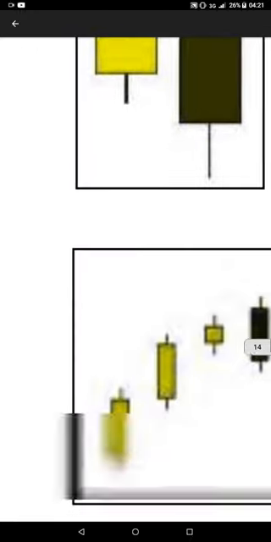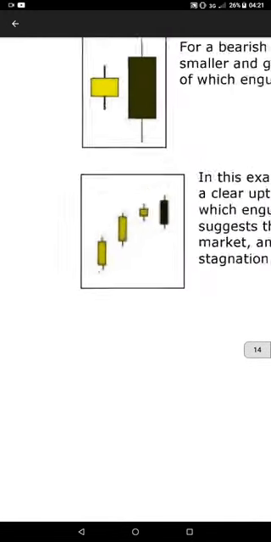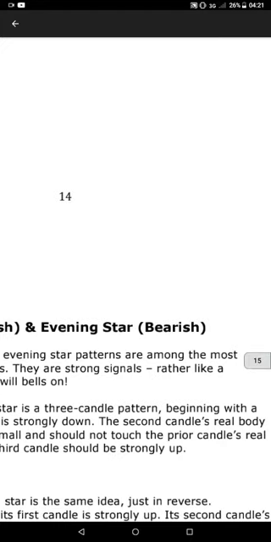Here it is, guys. It means that we are going to have strong selling. But then, not always, guys. Sometimes it can do like this, then go uptrend. You will have to be careful, guys, when you do that.